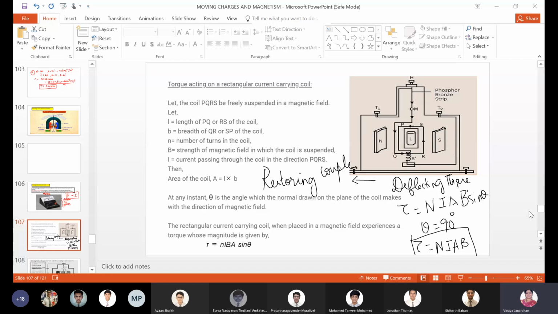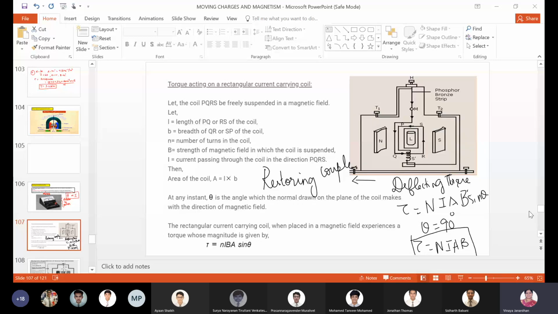Now, one end of the copper wire is connected by means of a phosphor bronze strip. The moment the coil undergoes torque, the wire will also undergo a twist. The phosphor bronze strip is connected to a mirror M, but you need not go much into the detail. The end of the wire is connected to a torsion screw on top.